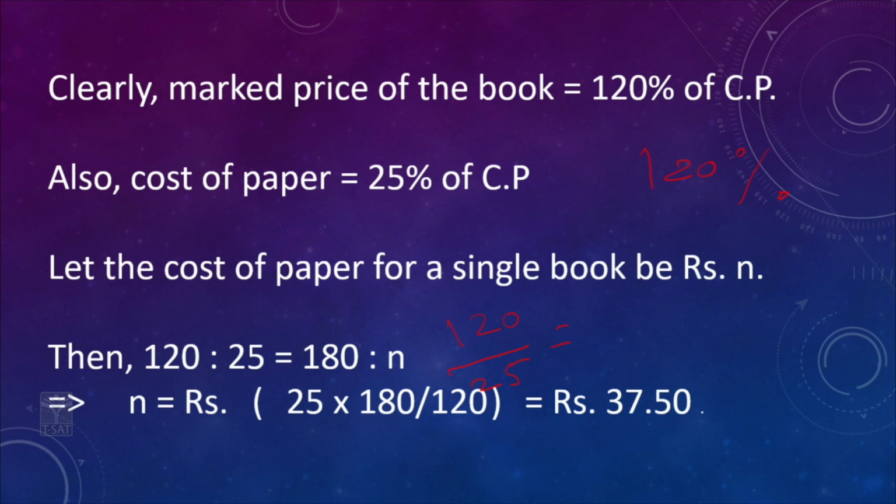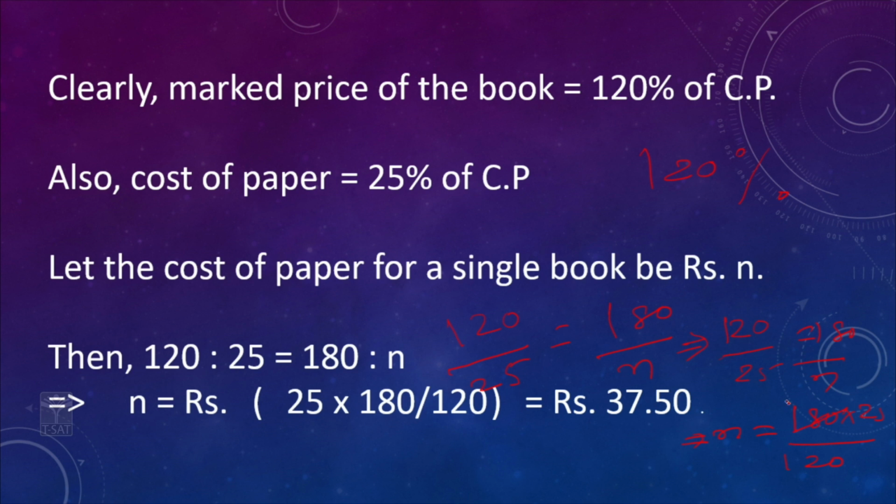You have to calculate this as simply 180 by n, correct? Okay. Now, we can take the cross multiplication. Simply we will get 120 by 25 is equal to 180 by n, or n is equal to 180 into 25 by 120.